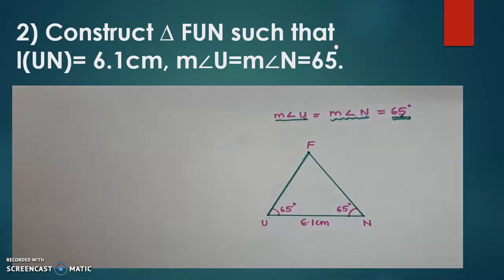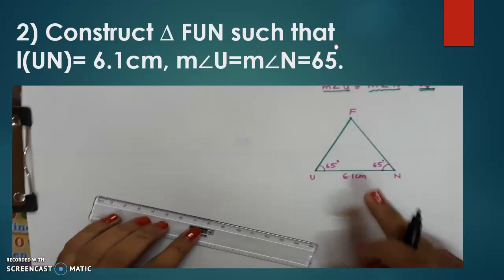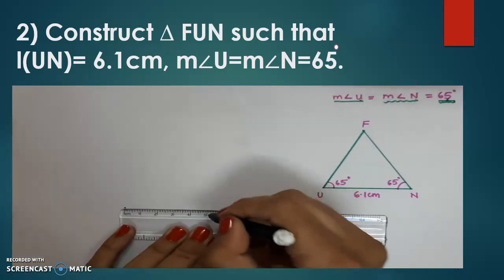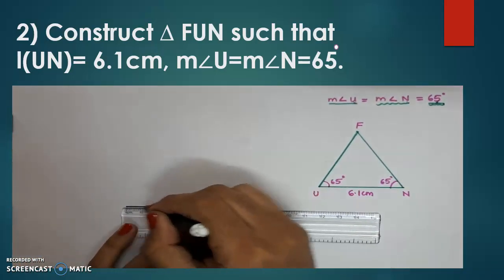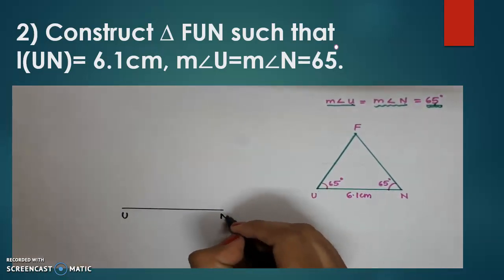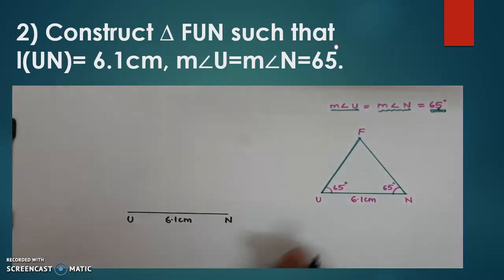Now our rough figure is ready. We will start our construction. We will start with UN, 6.1 centimeter, with the help of scale and pencil. We'll give the name UN and write the measurement 6.1 centimeter.